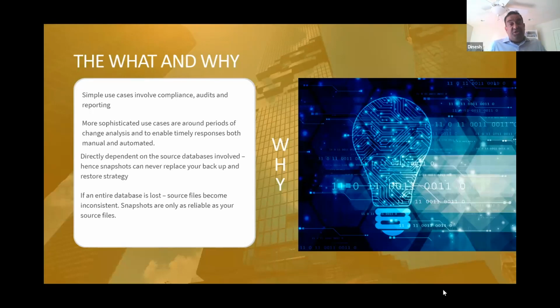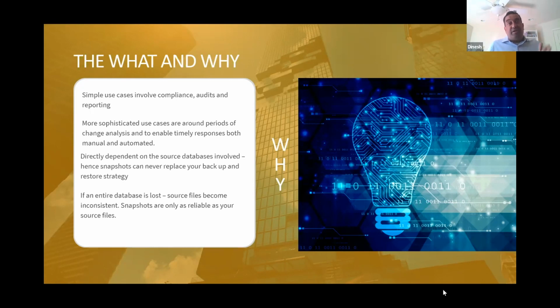The most sophisticated use cases are periods of change analysis. So, day-to-day transactions that get snapshotted, but you're not really capturing them in an application, or you're not looking at them from one period of time to another. Just by snapshotting this information, it enables timely responses.